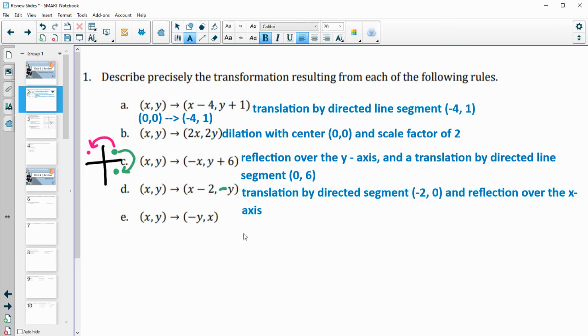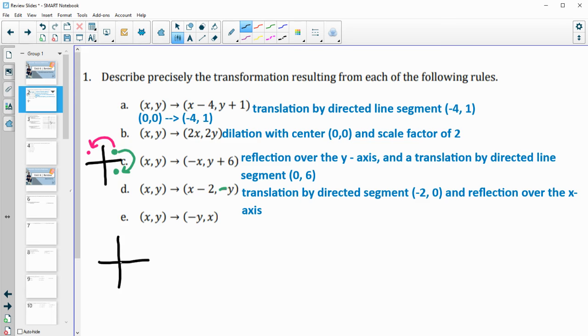And then the last one. This last one does some interesting stuff where now the x and y are in opposite spots. It switched the x and y, and it's doing the opposite of the y. I often don't remember this rule, like I don't have it memorized.